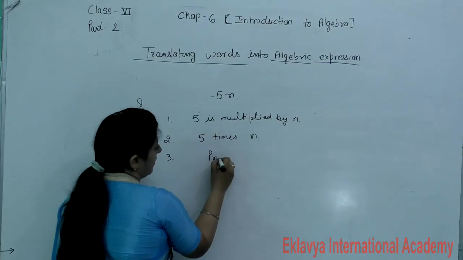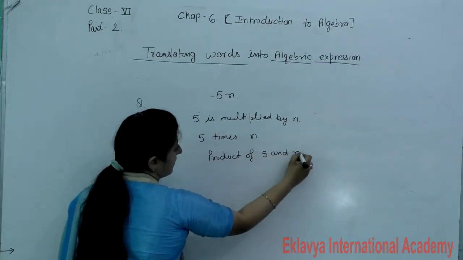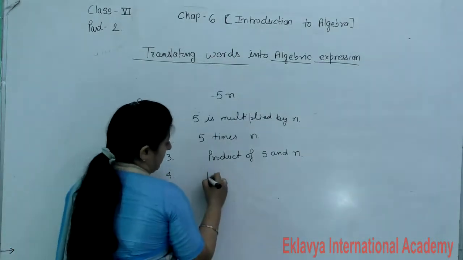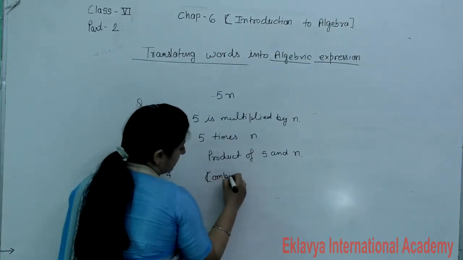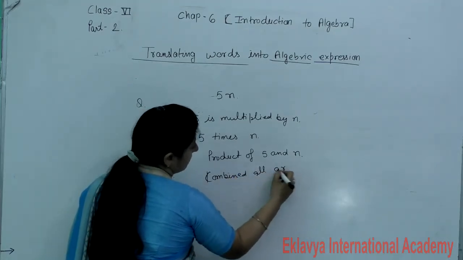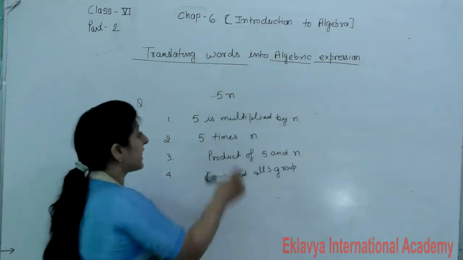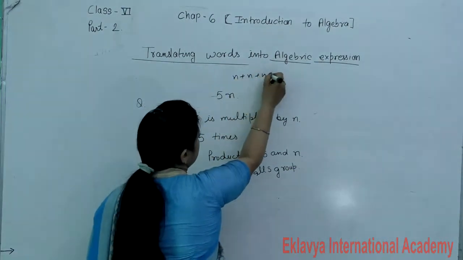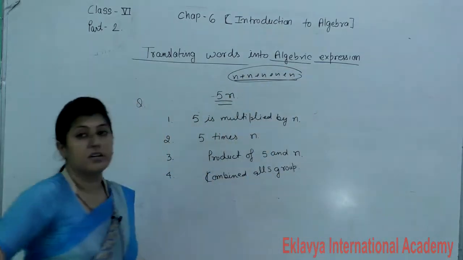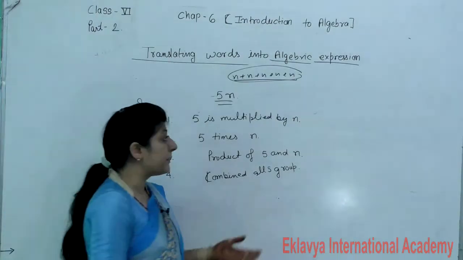Third, product of 5 and n. Fourth, combined all 5 groups, meaning in each group there is n, that is n plus n plus n plus n plus n. There are 5 groups and we combine all the groups. In this way we do the product, multiplication.